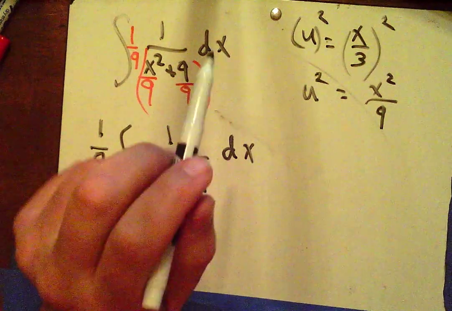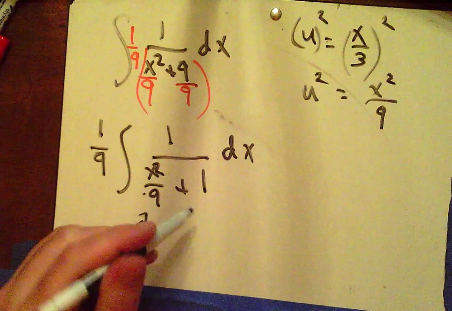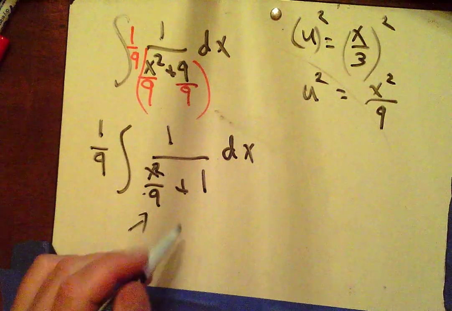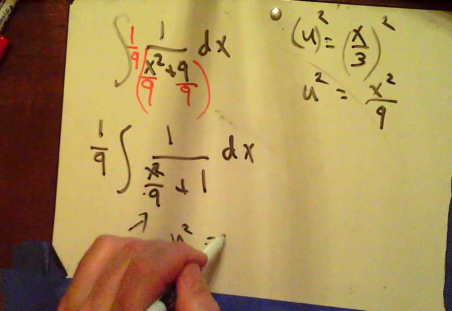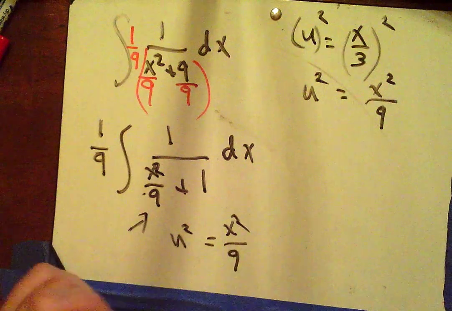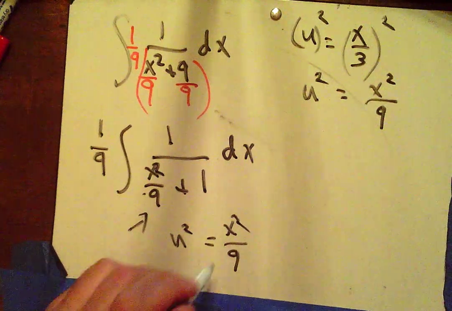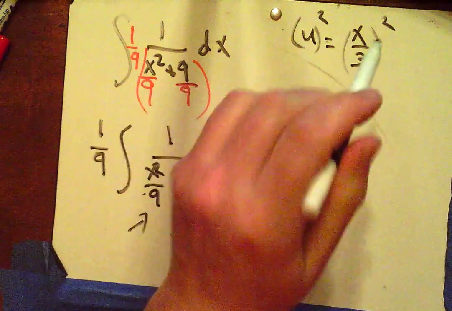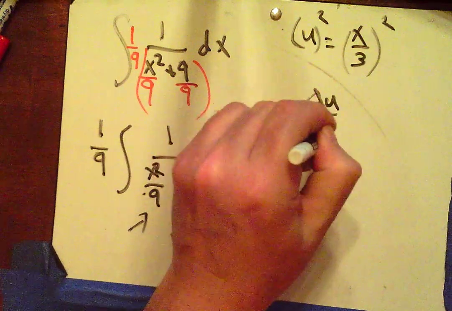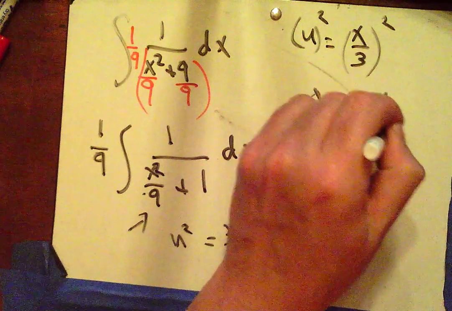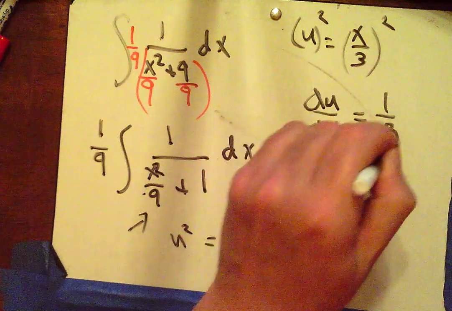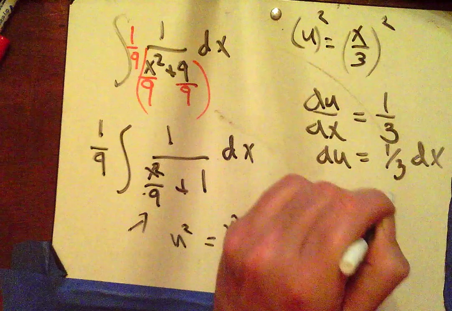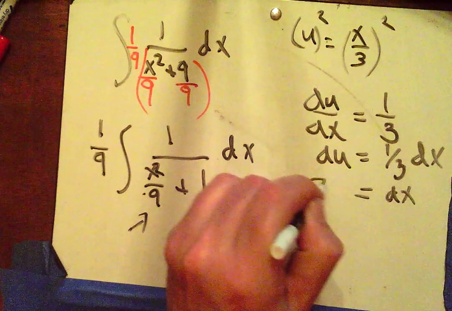Or I guess I could say that my u squared is going to be this thing. I need to take the derivative. du dx equals 1/3, du equals 1/3 dx, or dx equals 3 du.